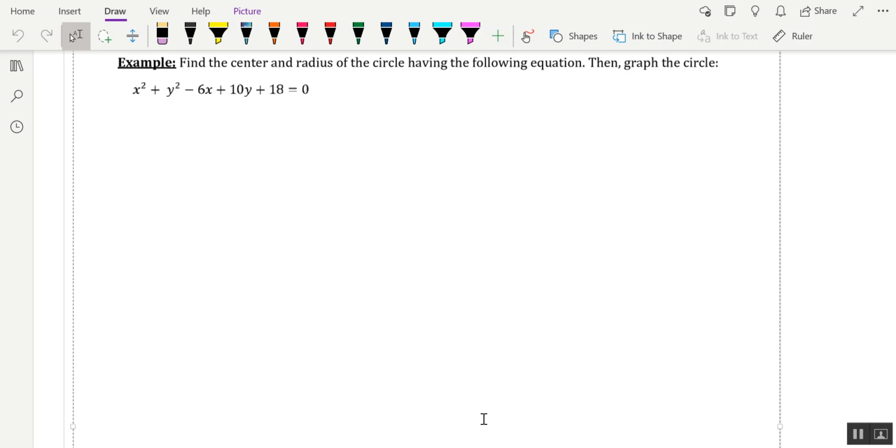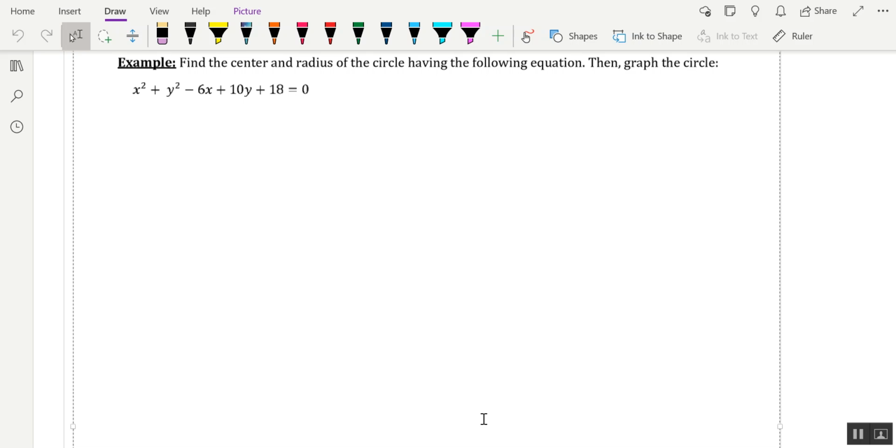It's Mr. C here, and as promised, I would circle back around to complete a video on this example where we're given the general form of the equation for a circle, and we want to identify the center and the radius. We will then proceed to graph the circle. Alright, so I'm going to give you a little spoiler here.